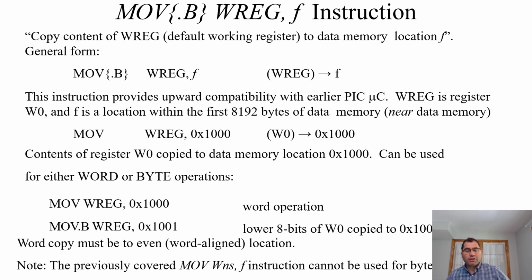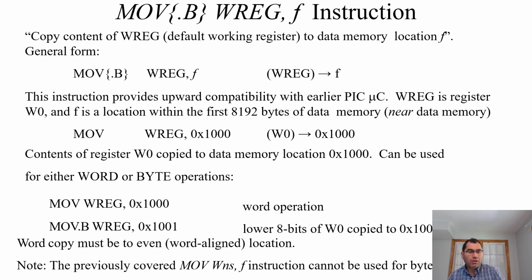Okay, here we have another instruction. We learned about the move instruction, but if you look at the instruction list, I don't remember exactly the number, but you have maybe more than 10 move instructions. Don't quote me on that, but there are many move instructions. So this is the move.b WREG, f instruction.